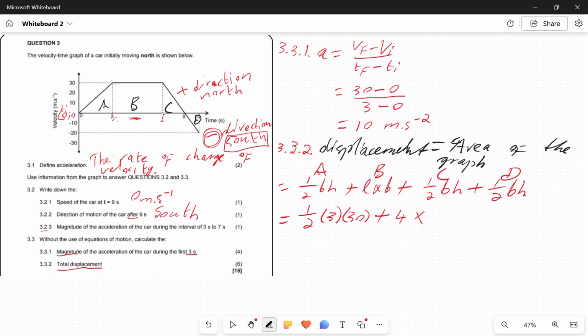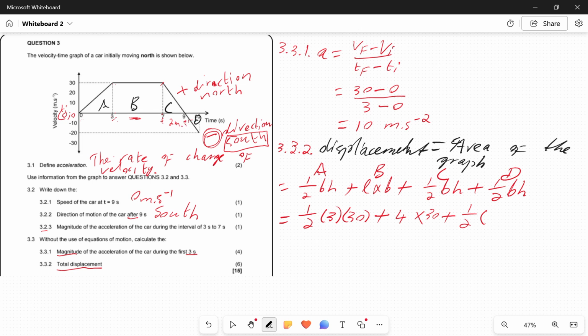Remember that for my height, I'm moving from this position up until this one, which is 30 meters per second. So I'm going to write that here, plus I have half base. This is now the triangle on C. To find out what my base is, I have to say 9 minus 7, big number minus small number. 9 minus 7 gives us 2.